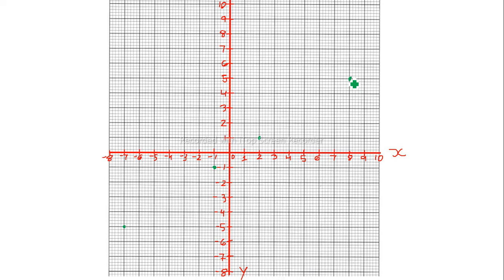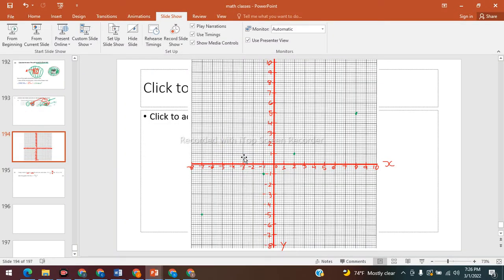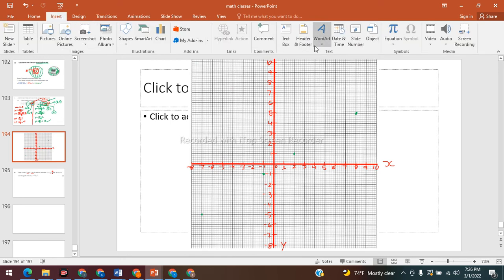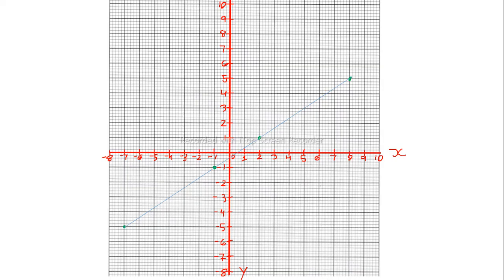Okay, so let's draw it in. We wouldn't use the -2.5 yet. Let me see where it comes in. So I'm going to start at this point and end at this point. Let's see where it fits in.